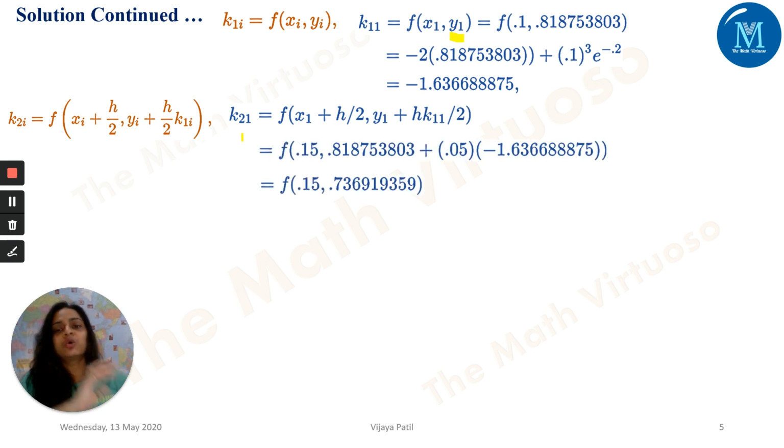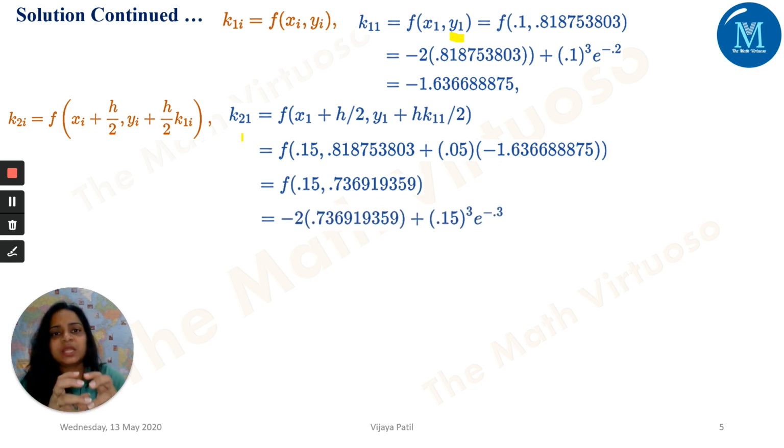The only difference is we are calculating with x1, y1 and h. In the previous step, we did it with x0, y0 and h. What is x1? x1 is 0.1.